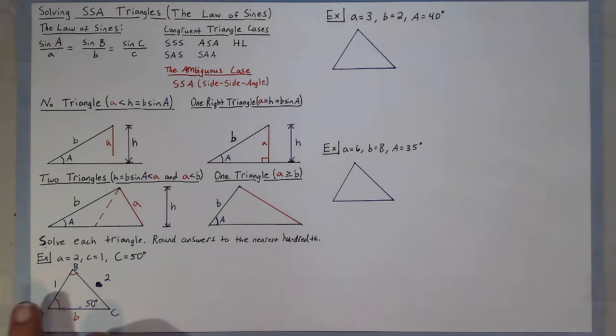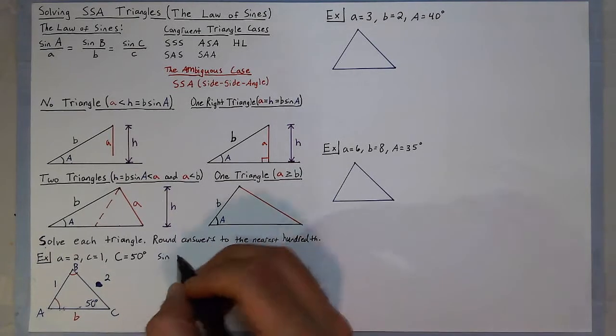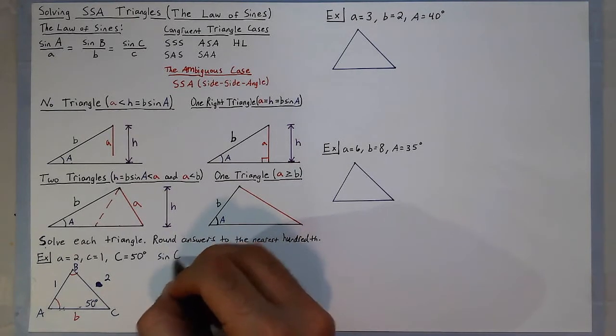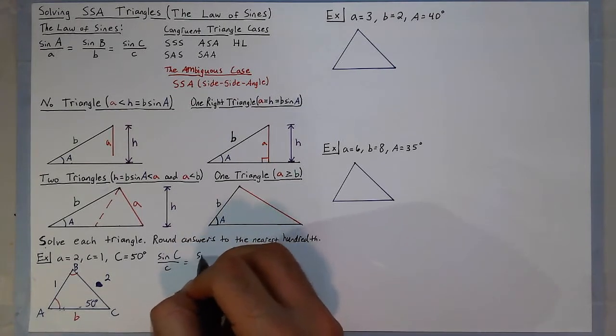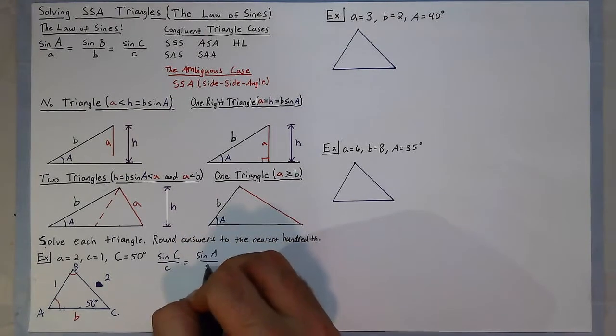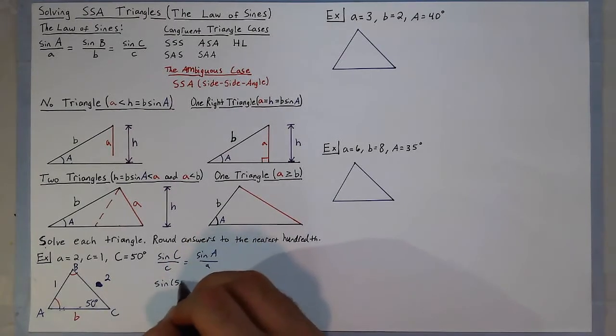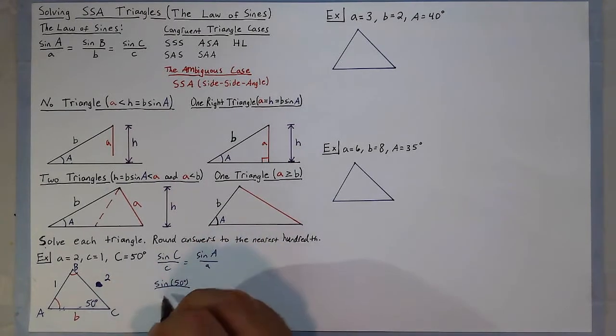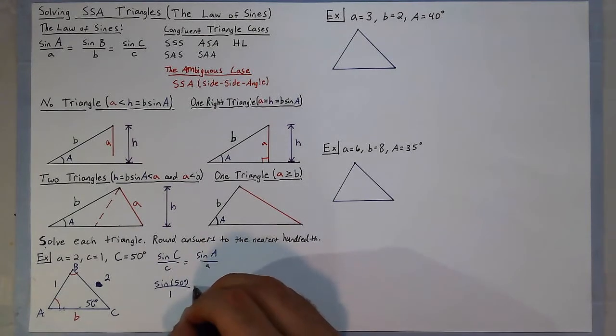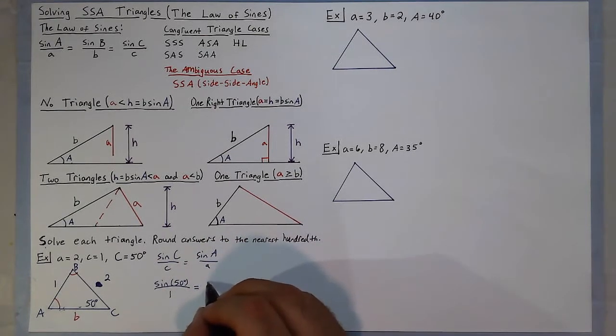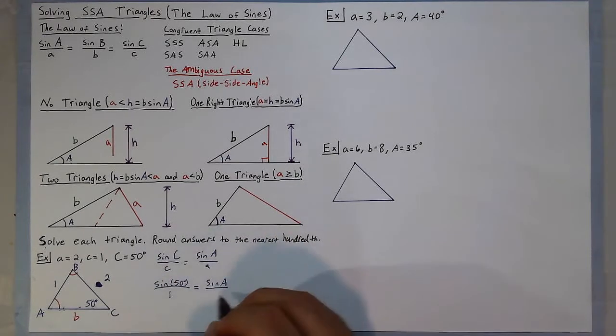But I'm given a pair of angle C and side c, so I can use the law of sines to try to figure that out. So I have sine of C over c is equal to sine of A over a. Sine of C would be sine of 50 degrees over side c, which is 1, is equal to sine of capital A over side a, which is 2.